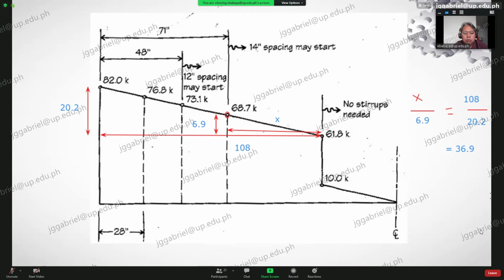What you do is multiply 108 times 6.9 divided by 20.2. That's 36.9.